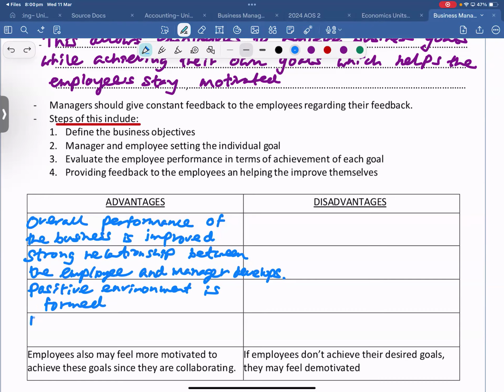Improvement in motivation. Then the goal is achieved.